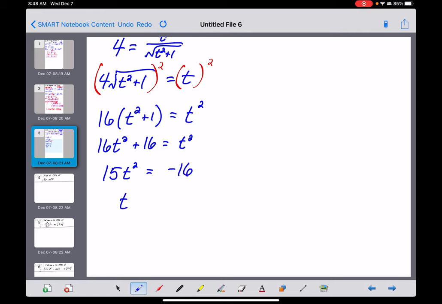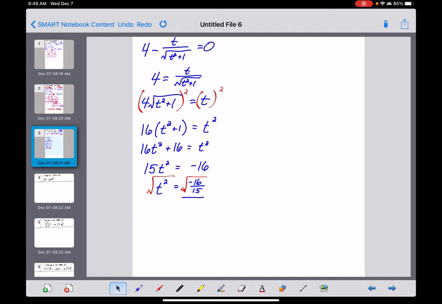Something just happened here, guys. T squared is equal to negative 16 over 15. And now we would take the square root of both sides of the equation. The problem is we're taking the square root of a negative number. That means that our only solutions for t would be imaginary. Now, I told you guys at the beginning of the year, we're not dealing with imaginary numbers in here at all.